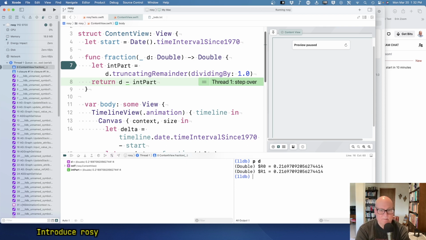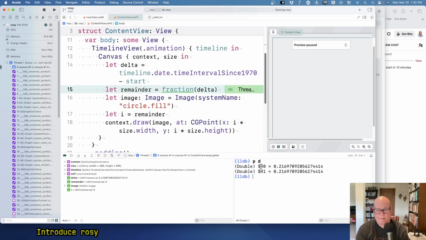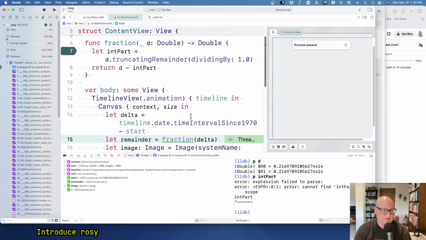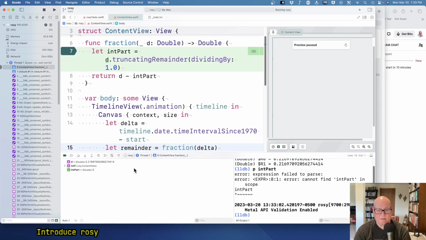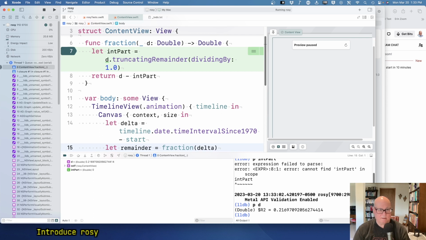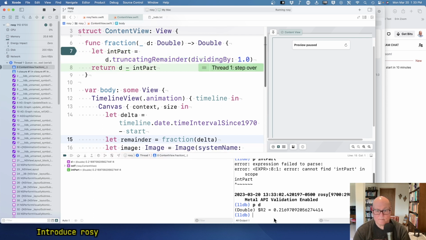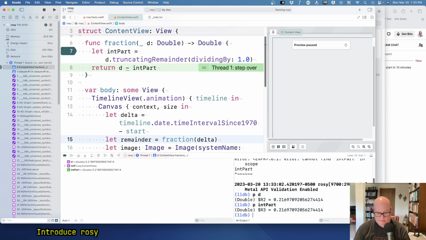Oh, there's D. Did I hit the wrong one? Let's continue. Print D, step over. .216, and then D minus int part. That's going to be fine. Okay. Can I add a conditional?